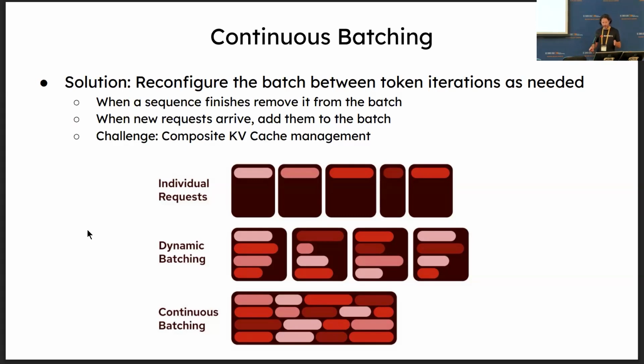And so you can see in the lower picture here, this keeps the batch full and helps a lot with latency, because new requests coming in don't have to wait for all of the existing requests to finish before they can get started and start streaming the generated tokens back.